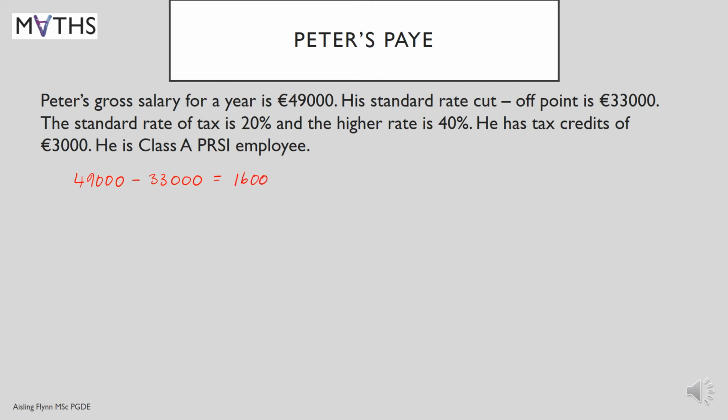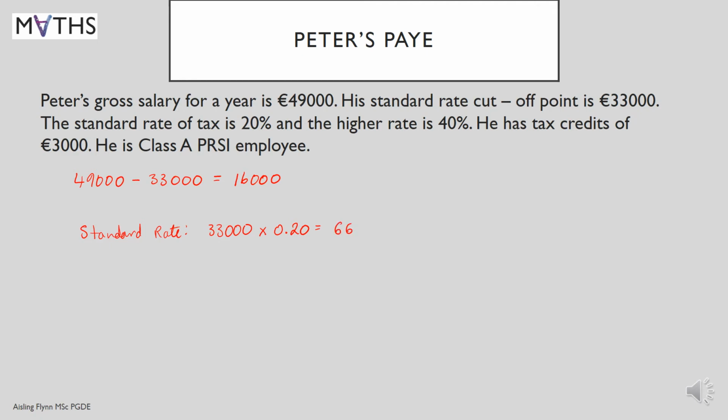Okay, so let's begin. Standard rate: 33,000 of his income will be taxed at 20%. Again, calculate your 20% in the way that you're comfortable with, be that decimal or fraction or the percentage function on the calculator.